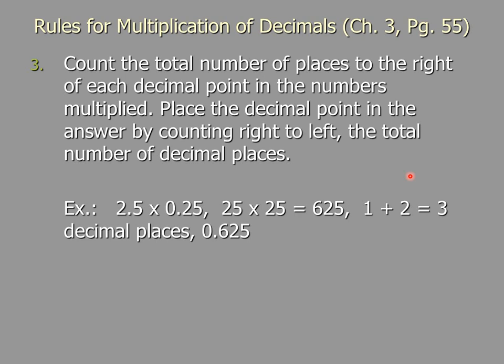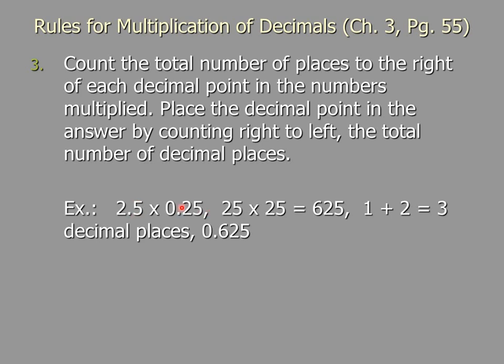Let's multiply them. Once you multiply, the answer becomes what? 625, right? 25 times 25. Then, once you get the answer as a whole number, check how many decimal places you have in both of your numbers. In the first number you had 1 decimal place, right?